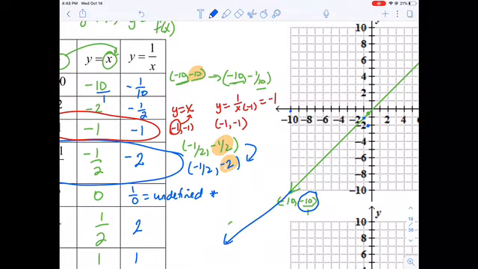If I were to go way out here to like negative 100, the reciprocal of negative 100, my corresponding point would be negative 100 and negative 0.01, 1/100th.